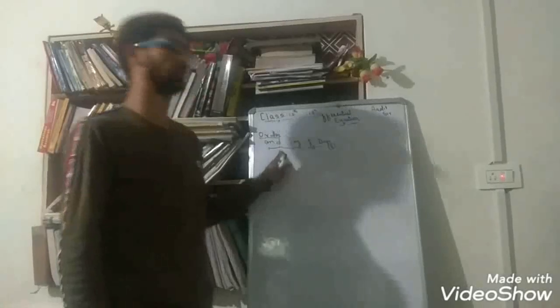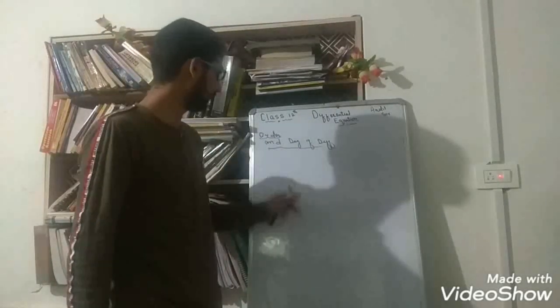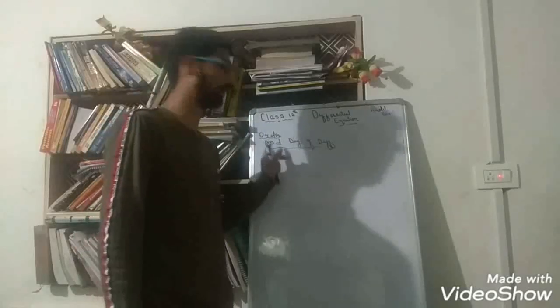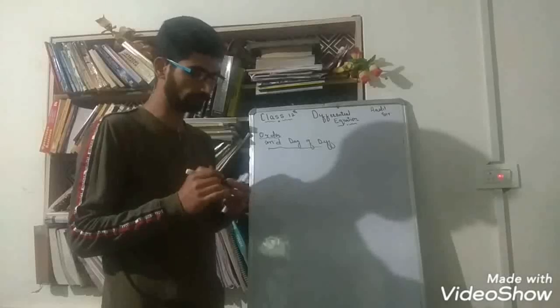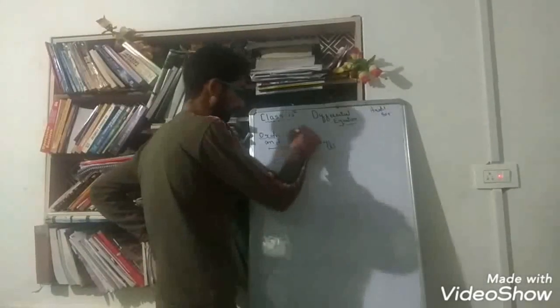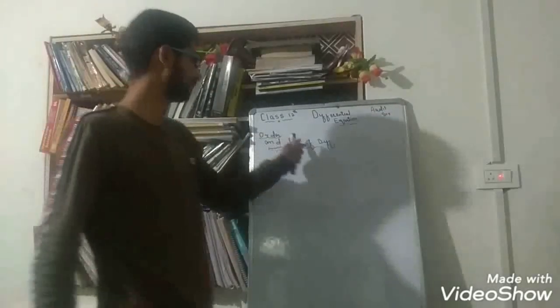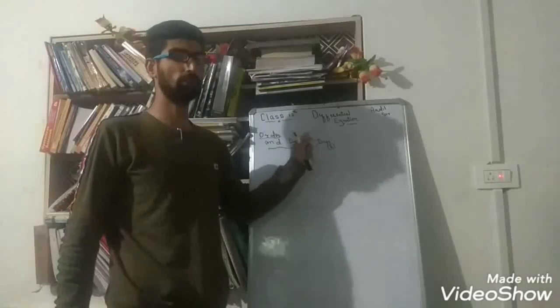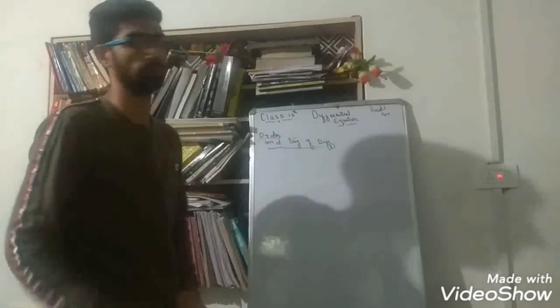Don't worry, we are going to discuss only these two things today, and tomorrow we will go further. But you have to concentrate fully here today, because these two are very important. I'm going to discuss the degree first, because the order is very simple, but the degree is a little bit complicated to understand. So we will go for the degree first.